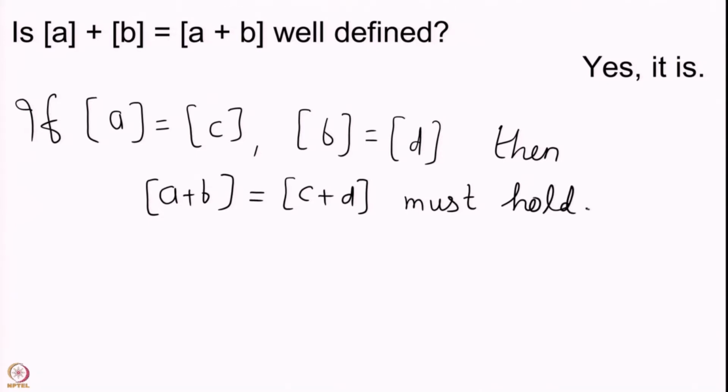Because I told you that I may look at the class of A as given by the element A and the class of B as given by the element B. We are defining the summation of these two classes and we are picking up one single element from each class, as we saw in the last lecture that the class really has infinitely many elements.